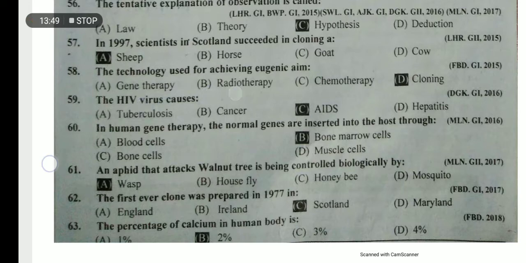The HIV virus causes immunodeficiency. It causes AIDS. AIDS means acquired immunodeficiency syndrome. Actually, AIDS is not a single disease.